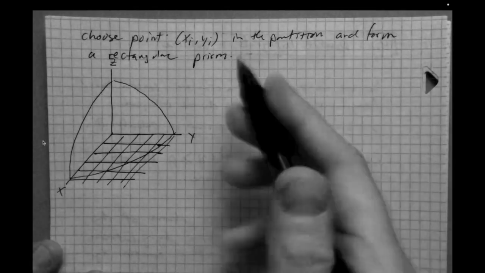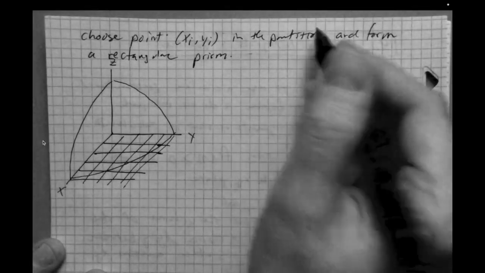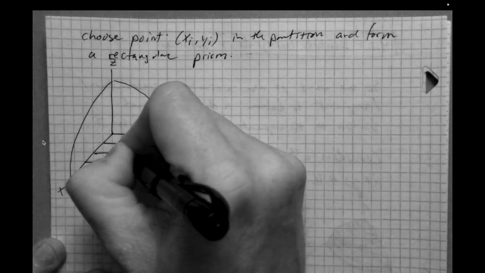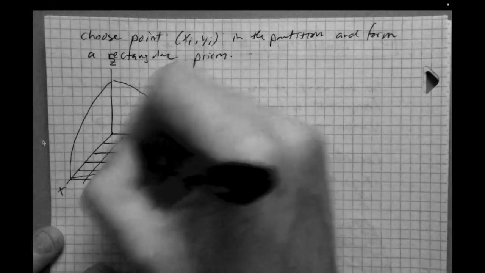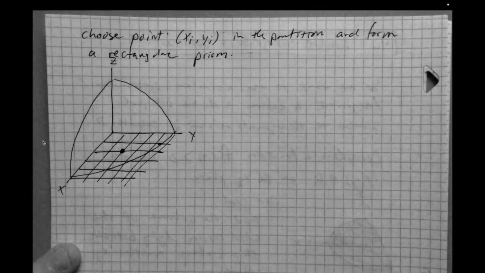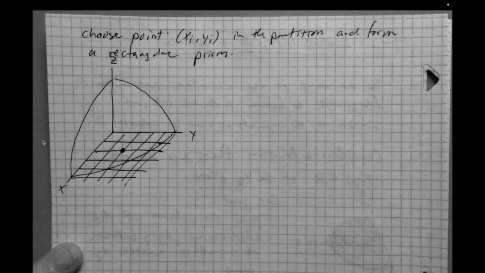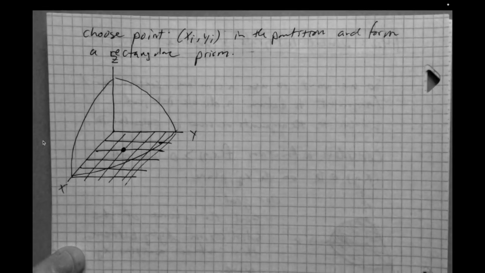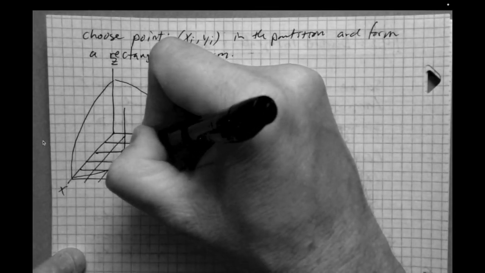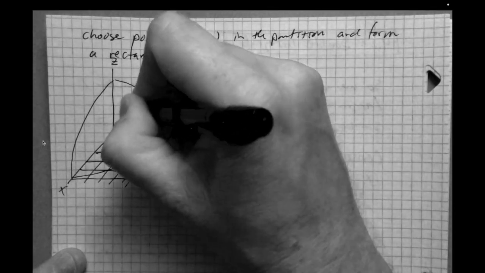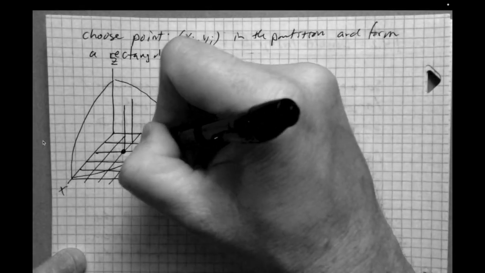Now what we're going to do is choose an xi, yi in the partition. So we'll just say right here, that's fine. We'll let that be our xi, yi. Then we're going to form a rectangular prism off of this point. You can imagine coming up out of this grid, you might have something like this.